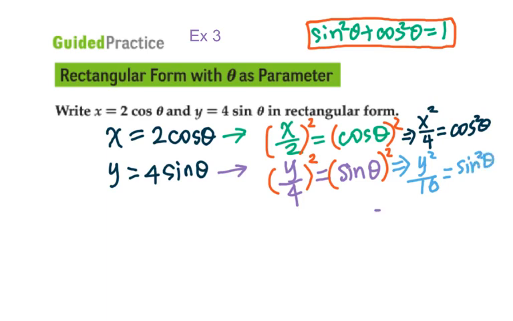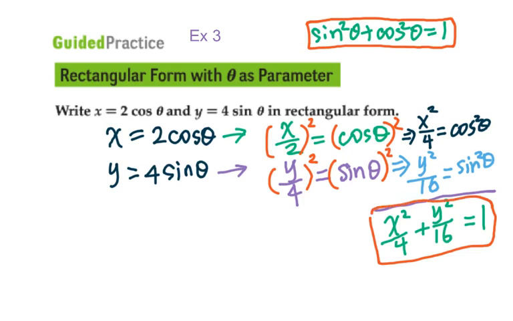Then we add together. We got x squared over 4 plus y squared over 16 equals 1. Basically, this is an ellipse equation.